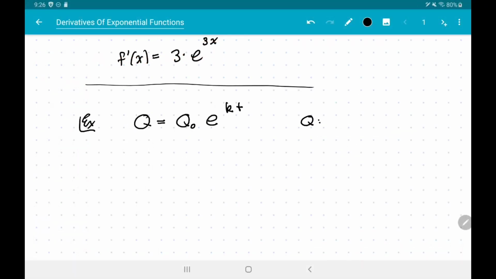So Q here is some growing quantity, hence the Q. And t is time. So I think of Q as being the independent variable and t as being, no, I said that backwards. Q is the dependent variable and t is the independent variable.